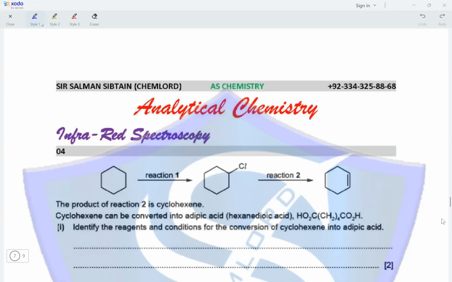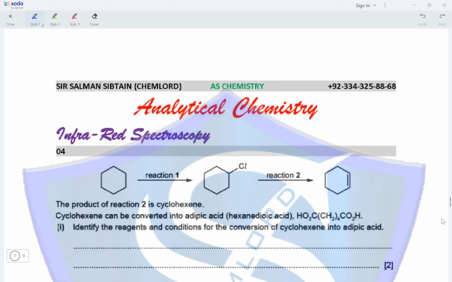Question 4. The product of reaction 2 is cyclohexene. Cyclohexene can be converted into adipic acid, which is hexane dioic acid. Identify the reagent and conditions for the conversion of cyclohexene into adipic acid.